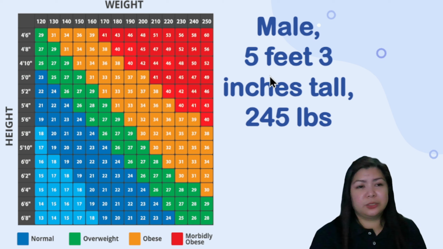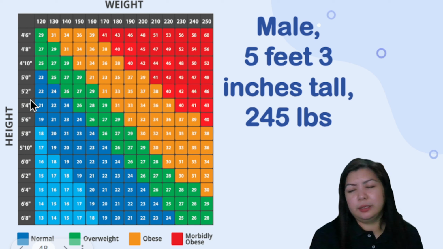It mentioned that the client stands 5 feet 3 inches tall, so this is at this line or this area. And he weighs 245 pounds. So where is 245 pounds here?